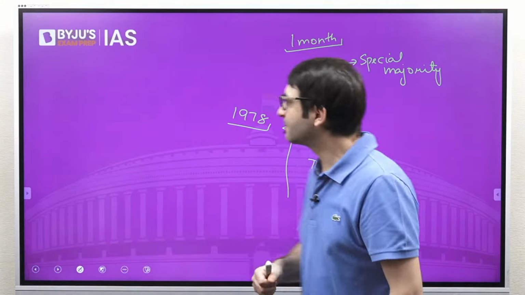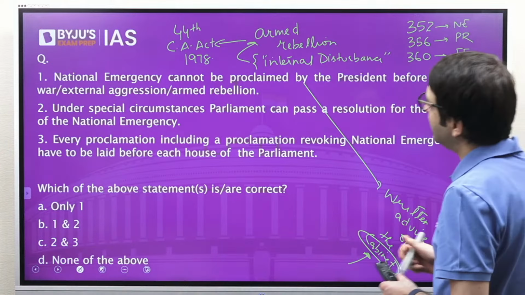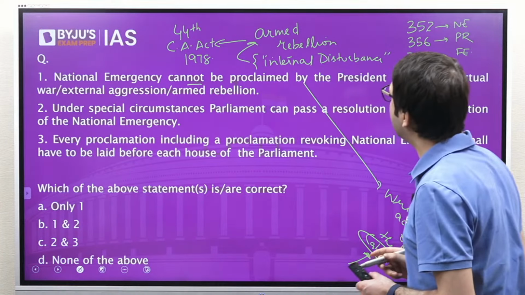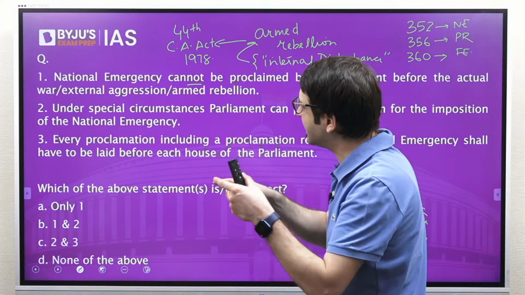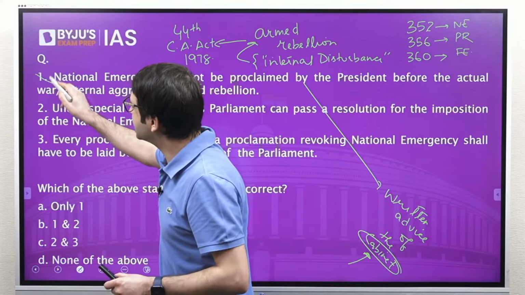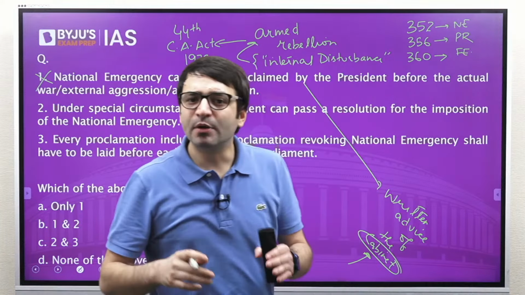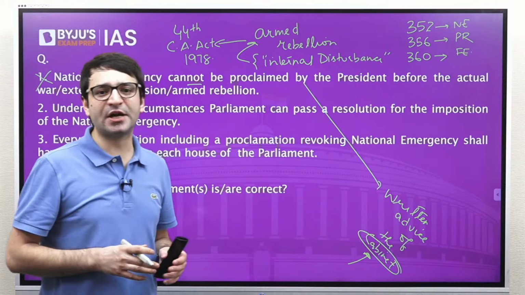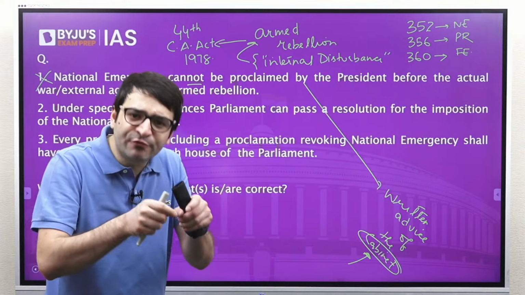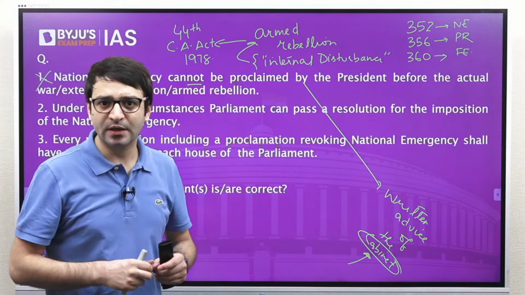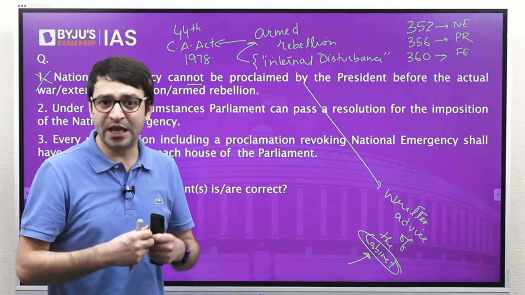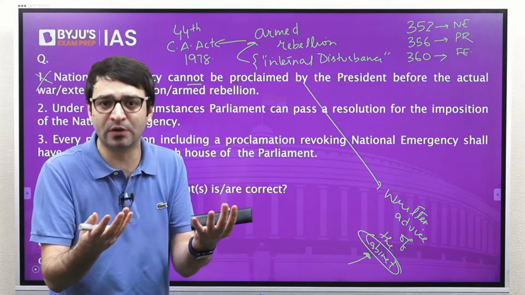Let's look at the questions. Statement 1: National emergency cannot be proclaimed by the President before the actual war, external aggression, or armed rebellion. This statement is wrong, because the President can proclaim national emergency even before the actual war has broken out, even before external aggression, even before armed rebellion has broken out.